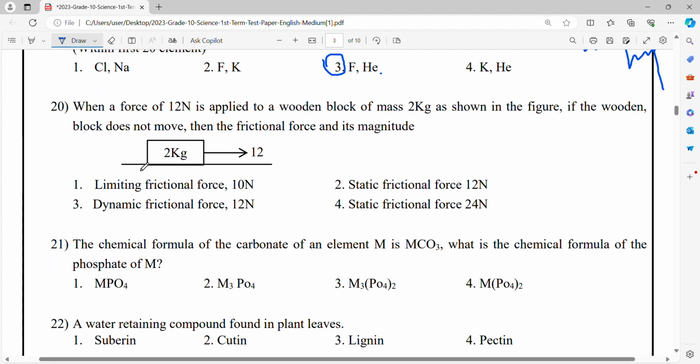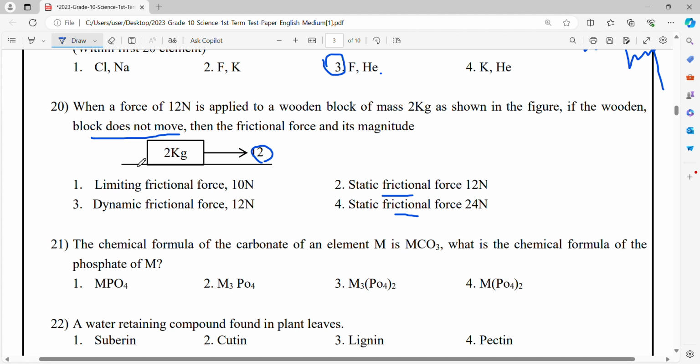Question number 20. Here, a force of 12 Newton is applied to a wooden block of mass 2 kg as shown in the figure. If the wooden block doesn't move, it means it's a static frictional force. The applied force is 12 Newton.